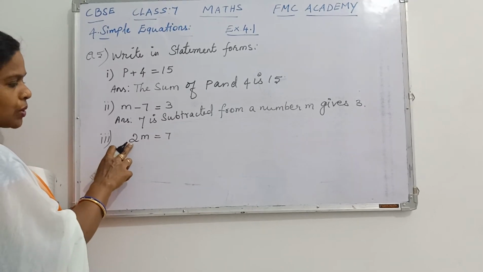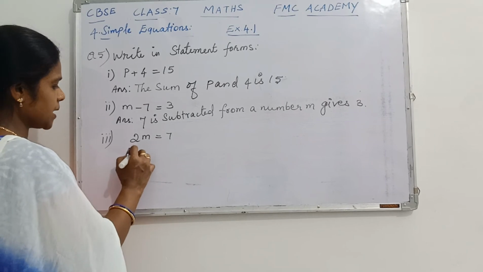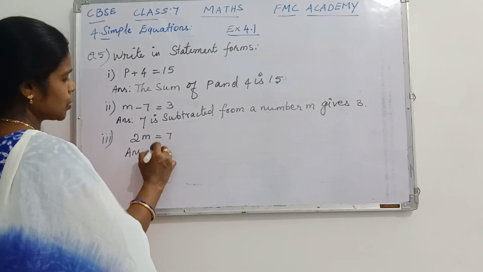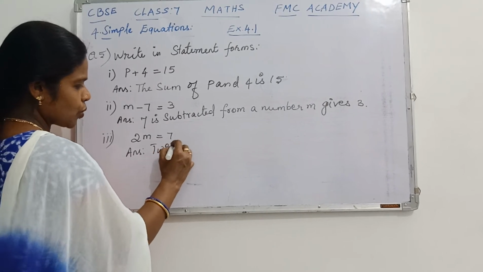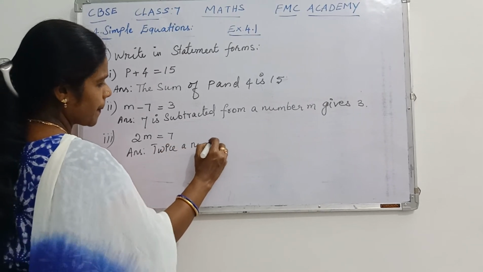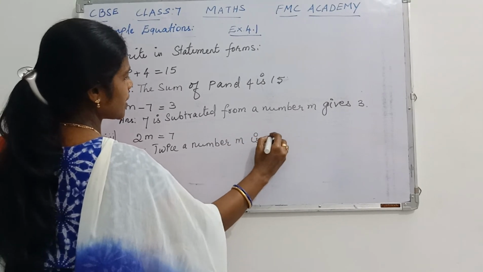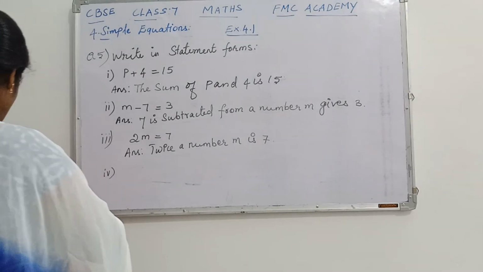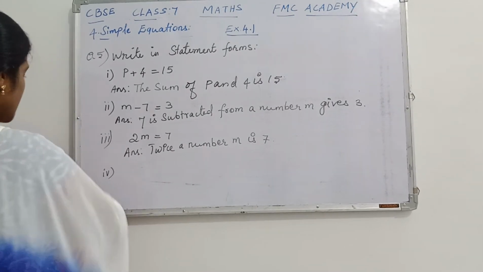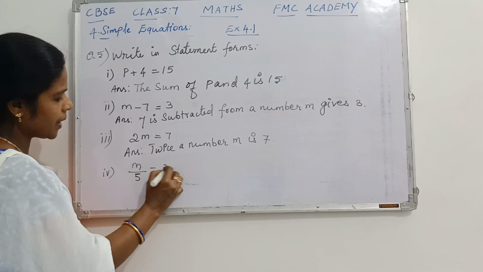So how will you write? 2 times a number m gives you 7. So the answer here is 2 times a number m, or twice a number m is 7. Fourth one is given m by 5 is equal to 3.